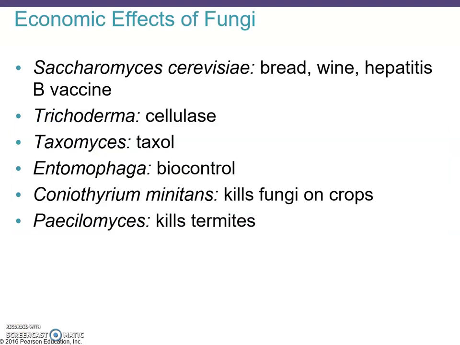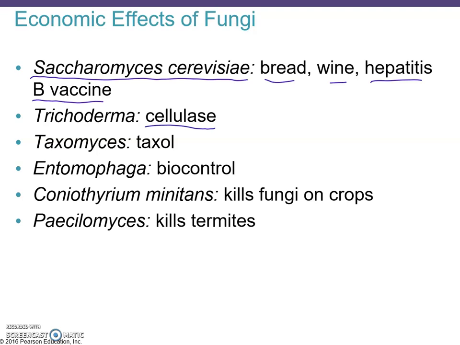Now, on the positive side, let's take a look at some good things that fungi do for us. Saccharomyces cerevisiae. This one, very popular. This yeast you can use to make bread, wine, also hepatitis B vaccine, all good things. Trichoderma species, there we can gain some cellulase, an enzyme from that.